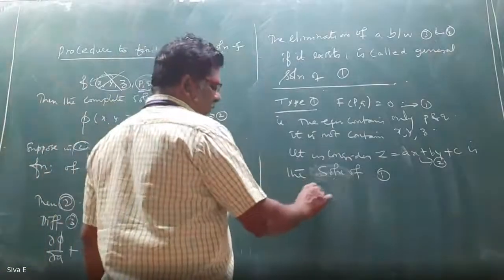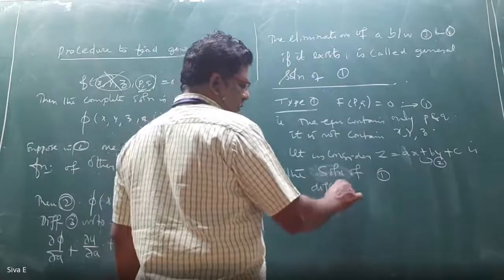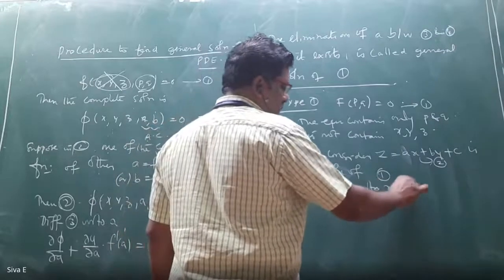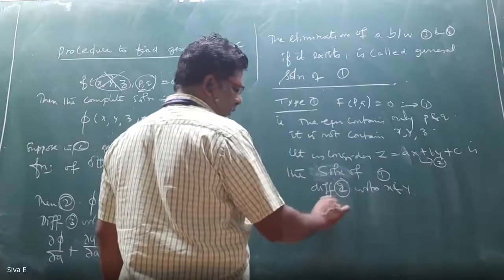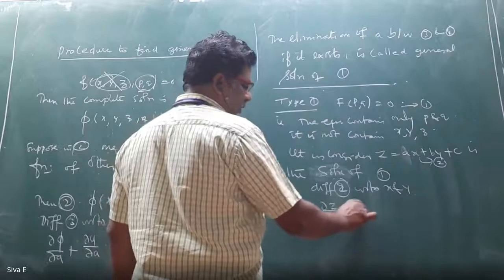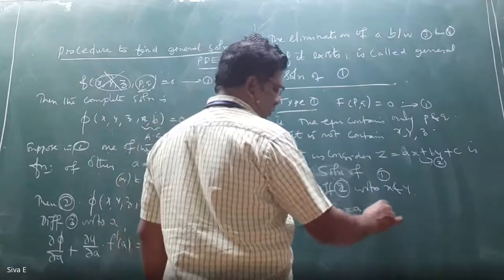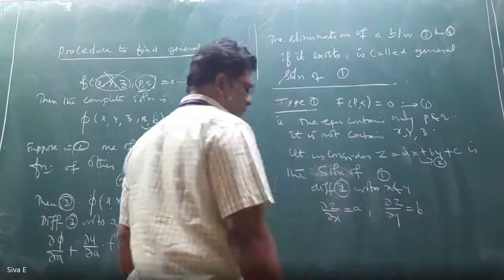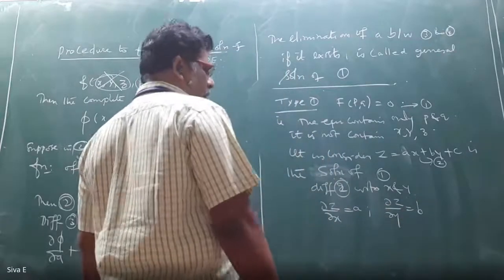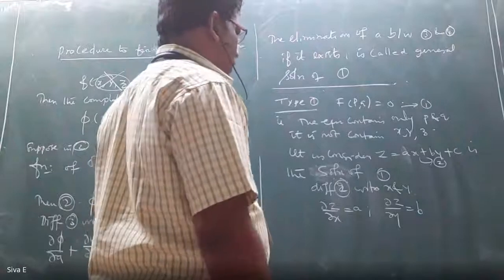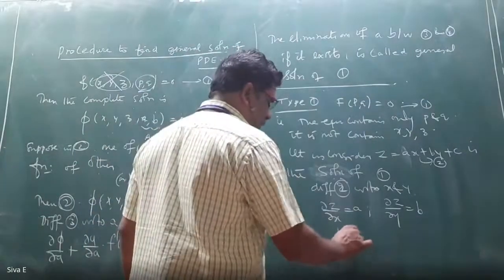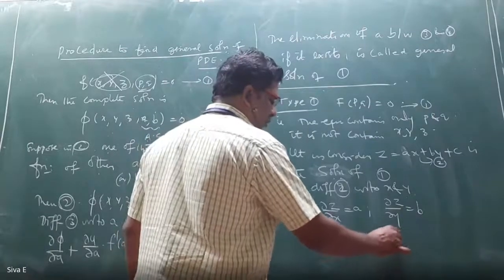Then differentiate 2 with respect to x and y. We get dou z by dou x equal to a, dou z by dou y equal to b. That means p equal to a, q equal to b.